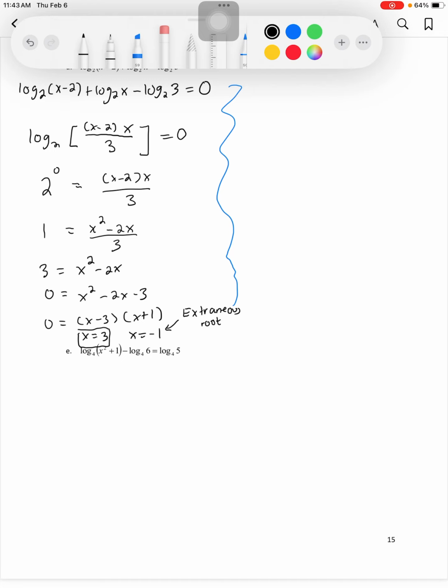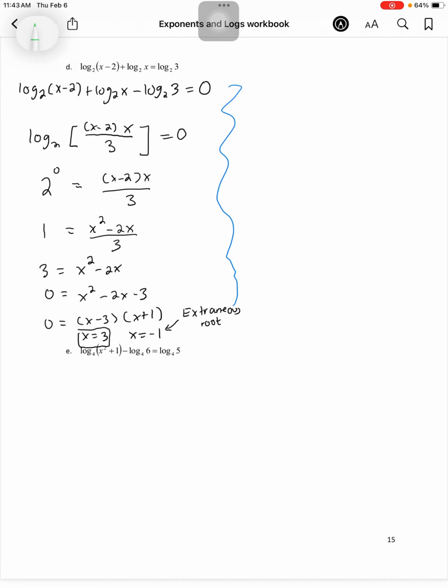So now on the right side, I'm going to show you a second method. It's a little quicker, and I prefer this method, but if you don't prefer it, that's perfectly fine. You're just going to have the left side and the right side completely the same, and you're going to condense everything together. On the left side there's a plus sign separating the two logs, so we know right away that's a multiplication law.